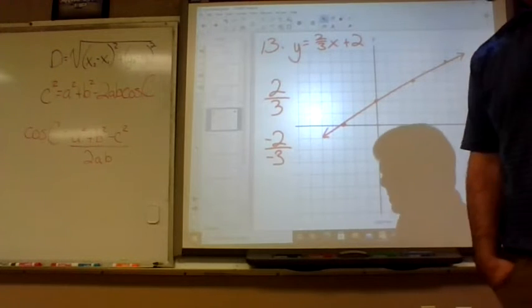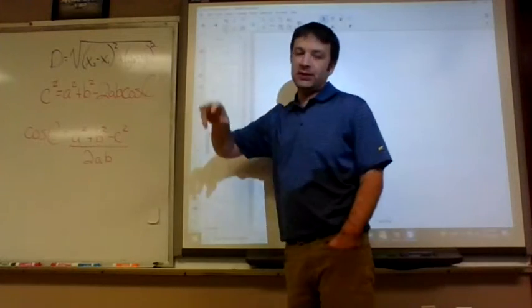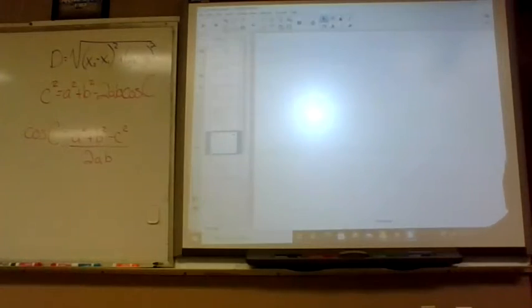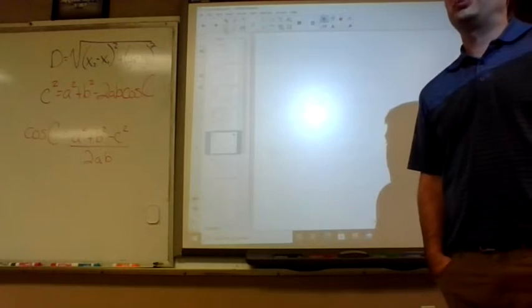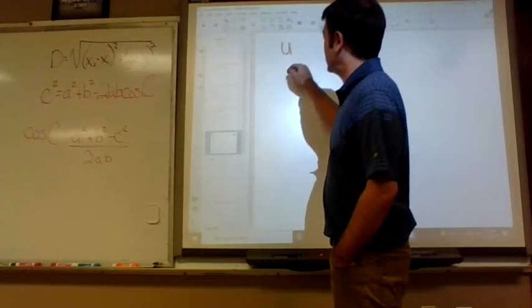Okay, number 15 is not graphing. It says, write each equation in slope-intercept form, then state the slope and y-intercept. Slope-intercept form is y equals mx plus b.